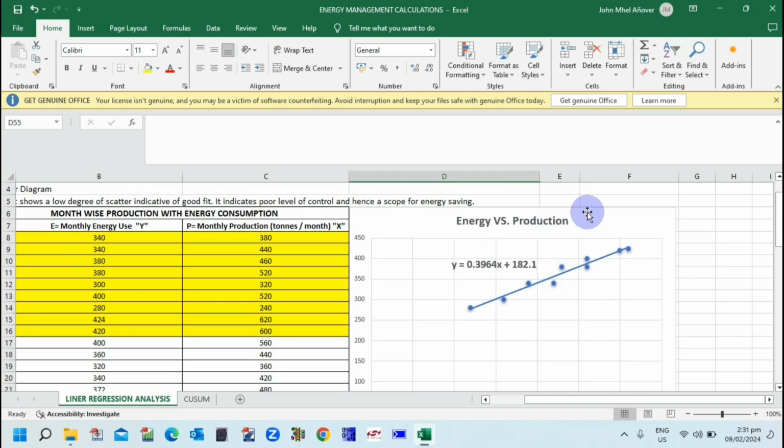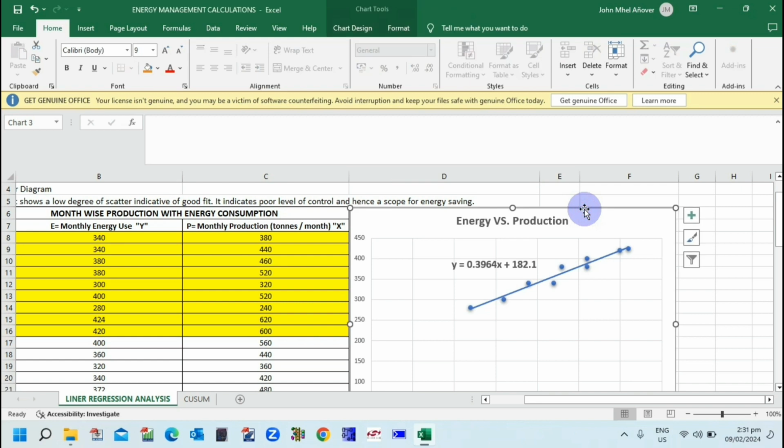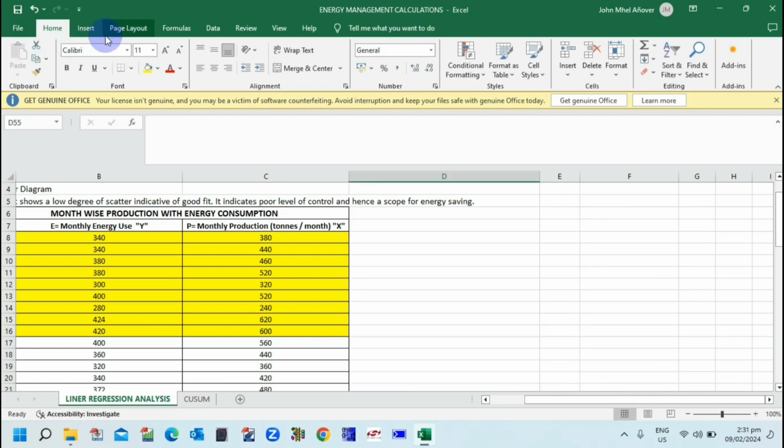So if we want to plot the energy versus production through Excel, so that we will not proceed with the manual method, to get the formula that will be used later on in the cumulative sum, I will delete this one.